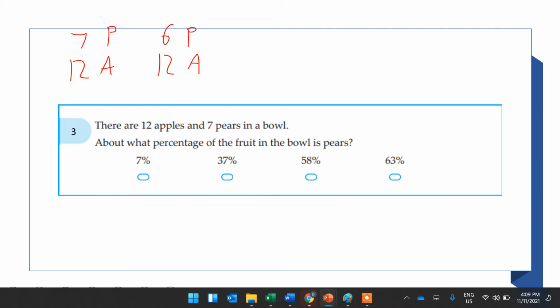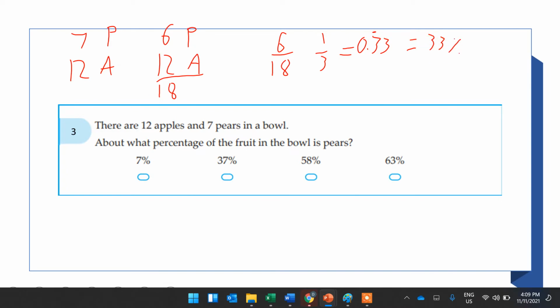If there's 6 pears and 12 apples, that is 18 in total. And if 6 out of 18 are pears, then it's 1 out of 3, which hopefully we know off by heart is 33%, or 0.3 recurring as a decimal.